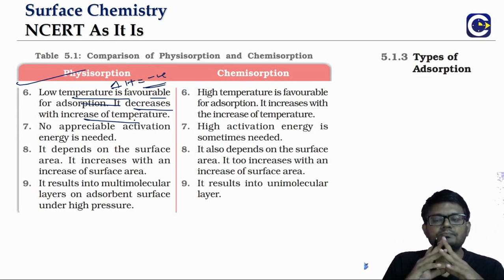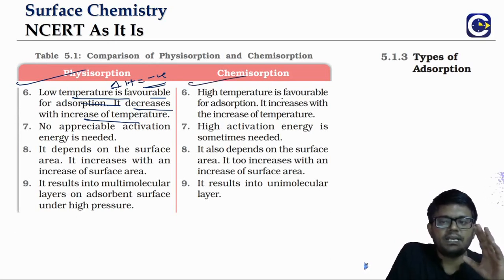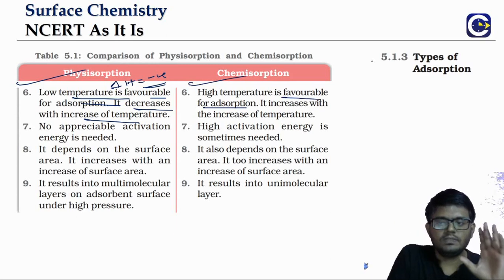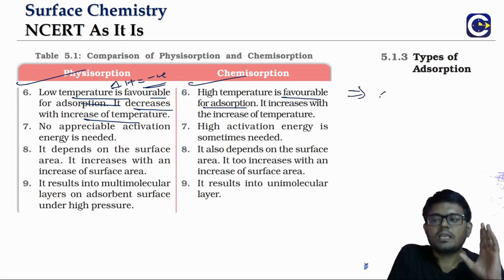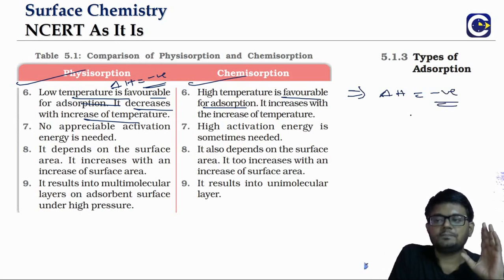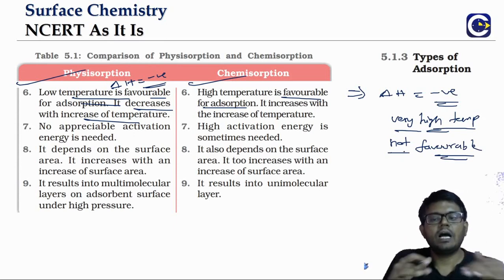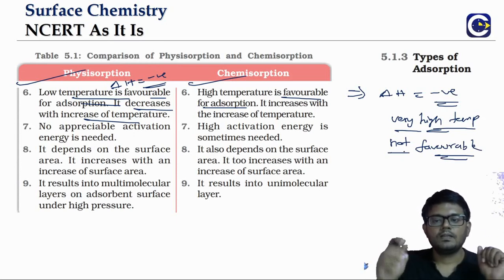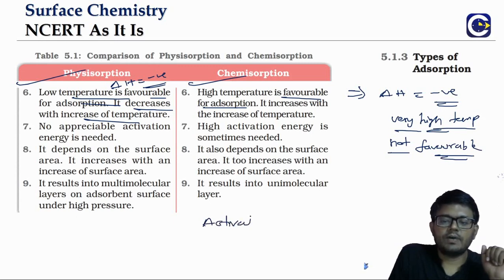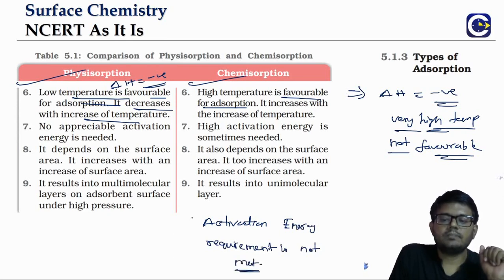Chemical adsorption, here we are saying high temperature is favorable, but we have to use this word with caution. Chemical adsorption is also delta H negative, which means at very high temperatures it is not favorable. But why are we talking about high temperature? If you have very low temperature, the activation energy requirement is not met.